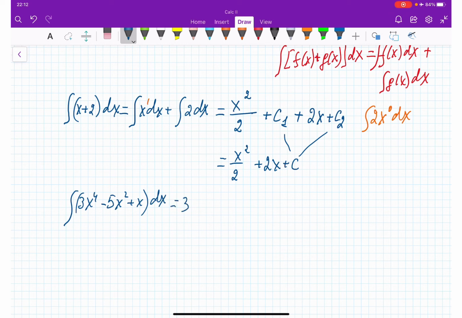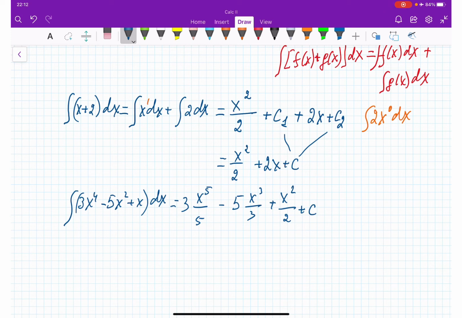So 3 stays, we have x to the 4, it's going to be x to the power 5, right? And divided by 5, minus 5. X squared is going to be x cubed divided by 3. And we have x, it's going to be plus x squared over 2 and plus c.